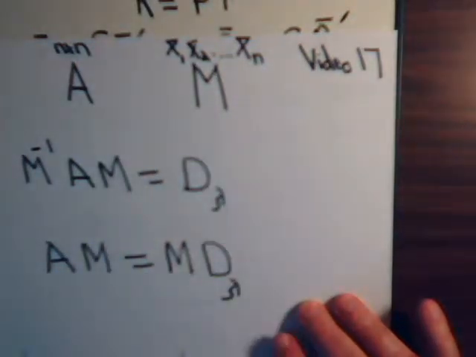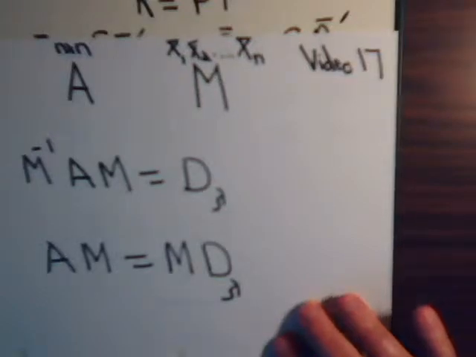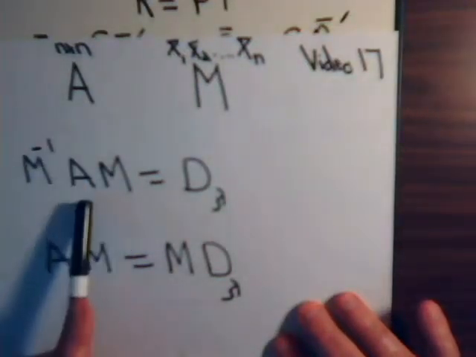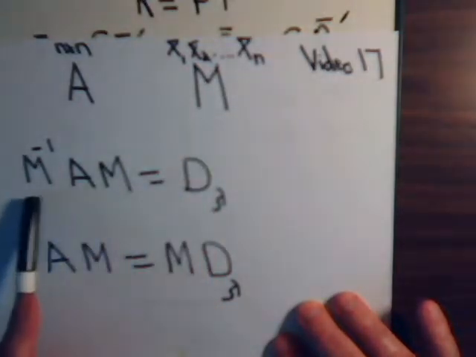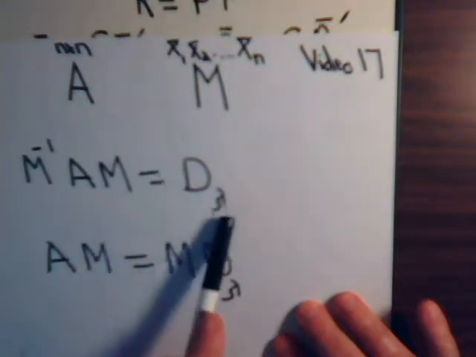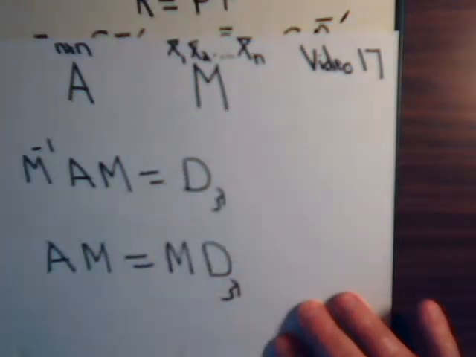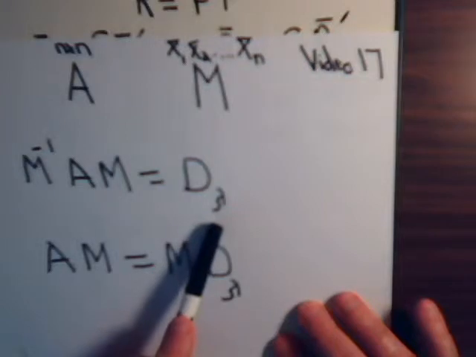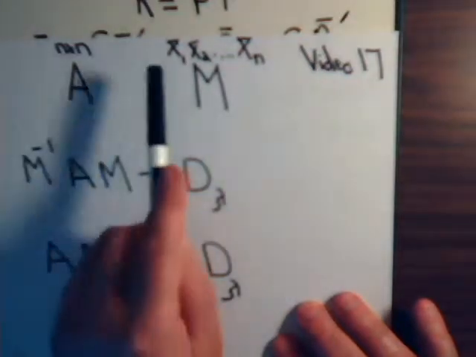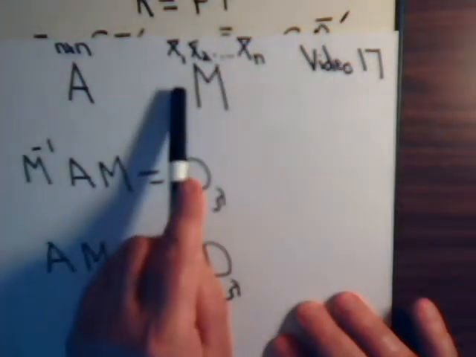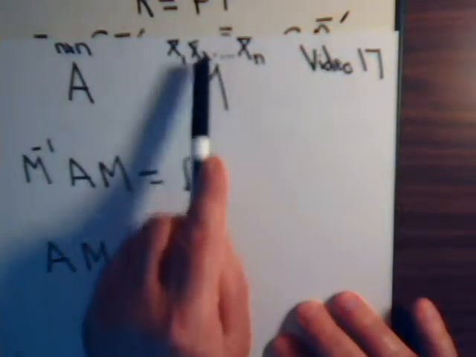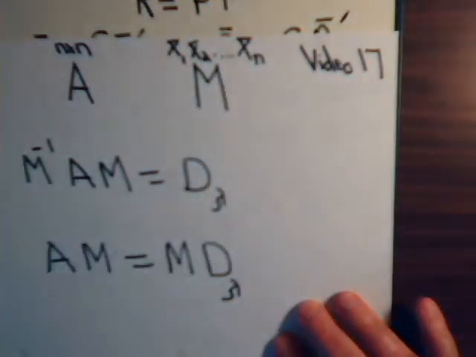And what we showed in video number 17 is that matrix A times its model matrix on the right and the inverse of this matrix on the left gives us a diagonal matrix. Everything is 0 except the diagonal part of the matrix, and those diagonal elements are the eigenvalues of matrix A. Each eigenvector belongs to an eigenvalue: lambda 1, lambda 2, lambda n.